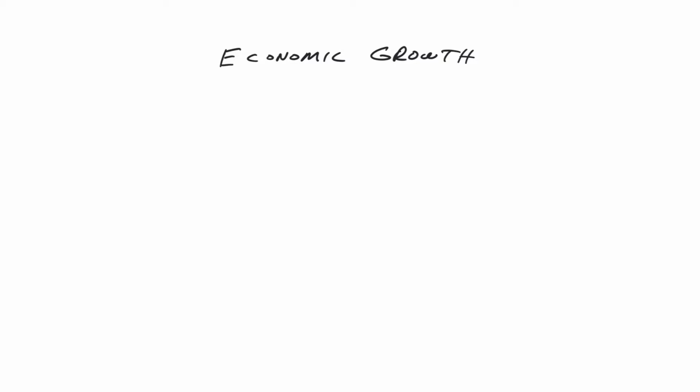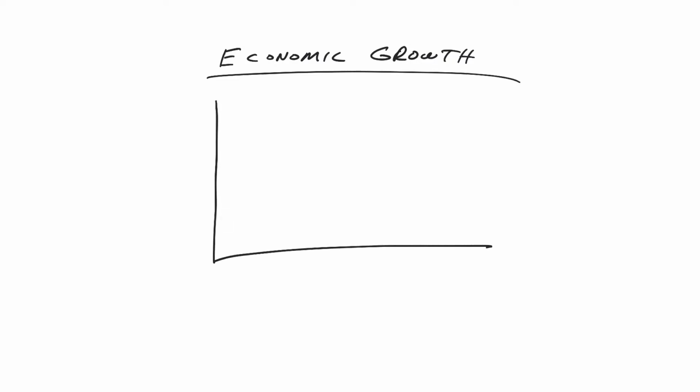Well, let's map this out with the production possibilities curve. On this axis, we're going to put clams. And on the other axis, let's put down a capital good. A capital good is a good used in the production of other goods.